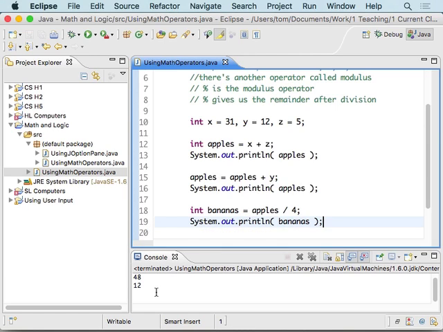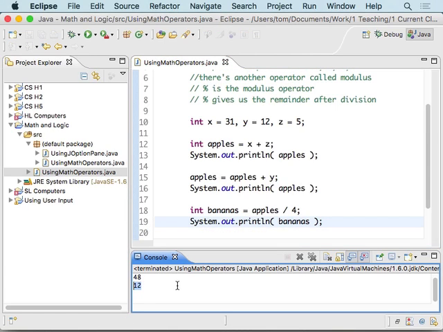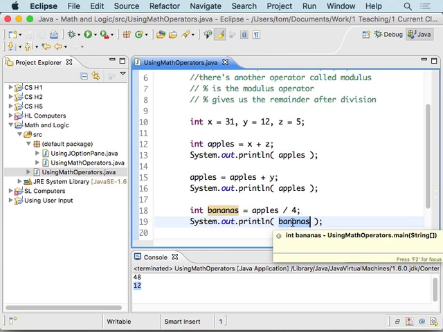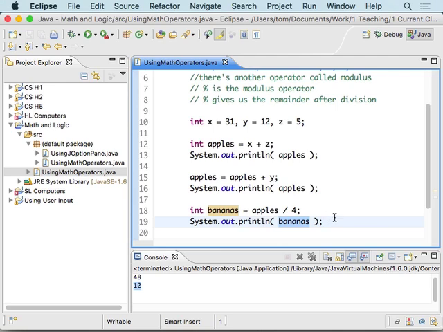And we get bananas is equal to 12. That's taking the 48 value that we had just a second ago and dividing it by 4. 48 divided by 4 is 12. That value is stored in bananas, and now we're printing out bananas. You guys good so far?